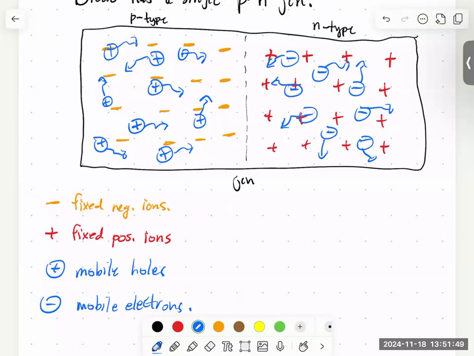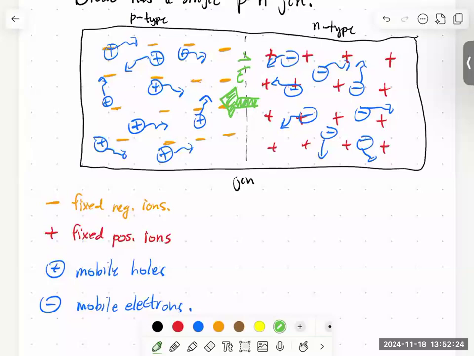Electric fields point from positive to negative, and so you get this electric field that points in this region. If this has a certain distance, L, E times L tells you what the voltage difference across this region is. And if an electron drifts over here, the force on the electron is minus E times the charge, and the charge is negative, so it gets pushed back.